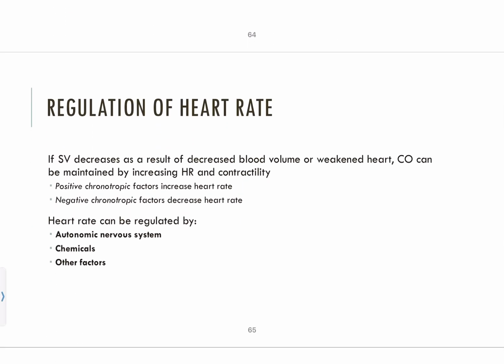When our stroke volume drops due to some sort of low blood volume or weakened contraction, our cardiac output can be maintained by increasing our heart rate and contractility. And this is going to be managed through regulation of our heart rate via the autonomic nervous system, some chemicals, as well as some other factors.